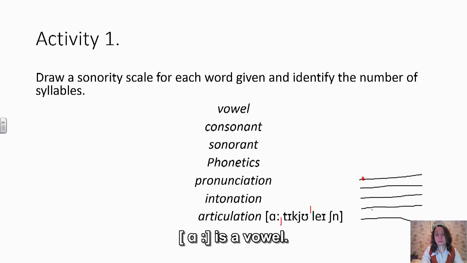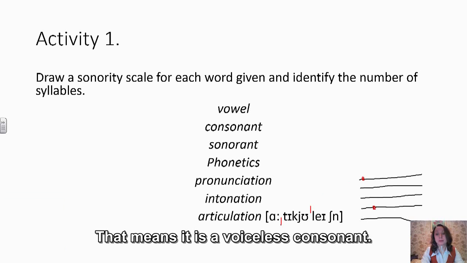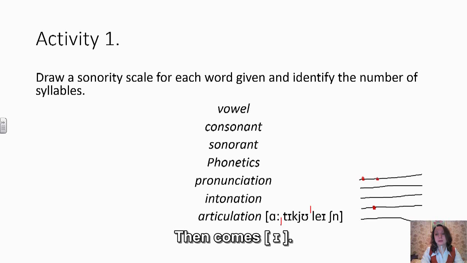Okay. R is a vowel. Then comes t, t, t, no vibration. That means it's a voiceless consonant. Then comes I. Here, k, k, k, no vibration. Here, y is a sonorant. O, vowel. L, sonorant.